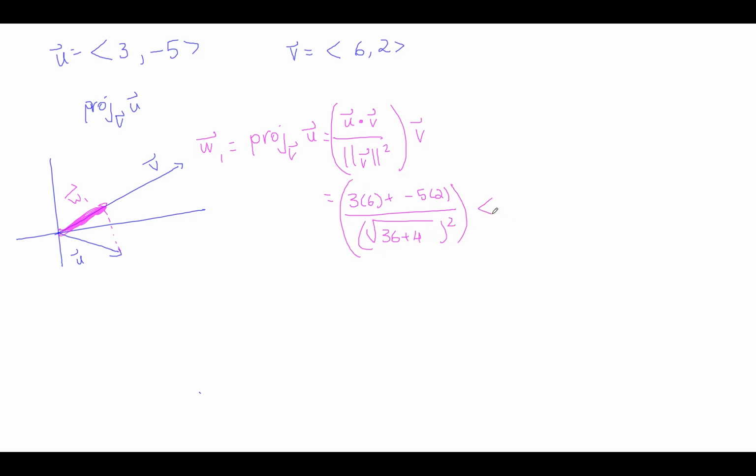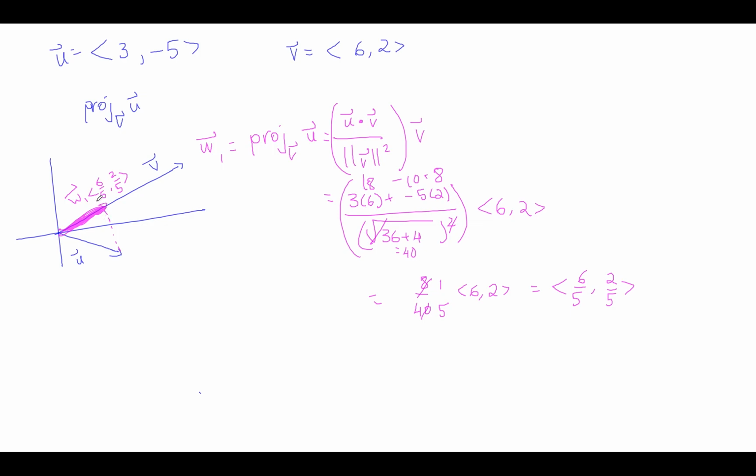All of this scales my v vector 6, 2. So this is 18 minus 10, which is 8. The square root and the square go away. This is 40, so I get 8 over 40, which is the same as 1/5, times 6, 2, which is 6/5, 2/5. So that's telling me that this w1 vector is 6/5, 2/5. It's 1/5 the size of this whole v vector.